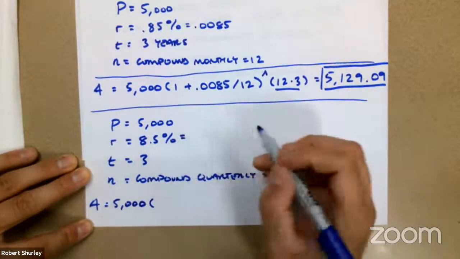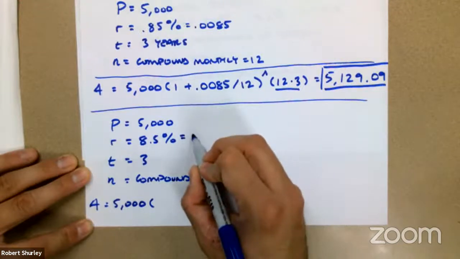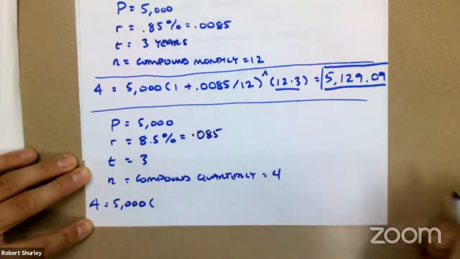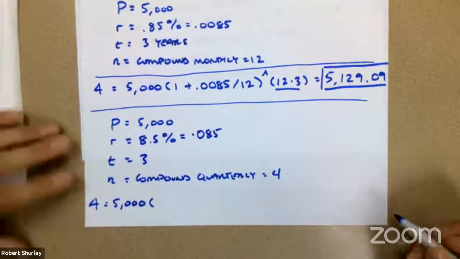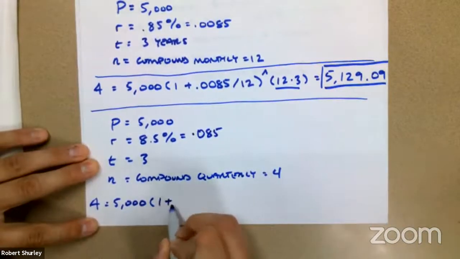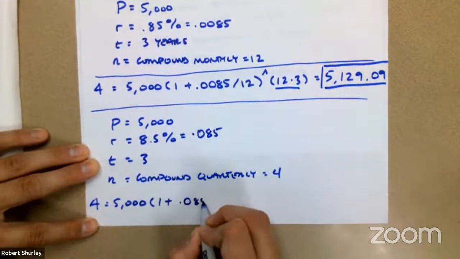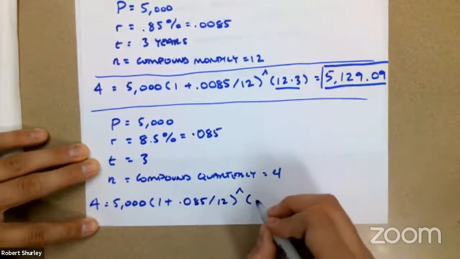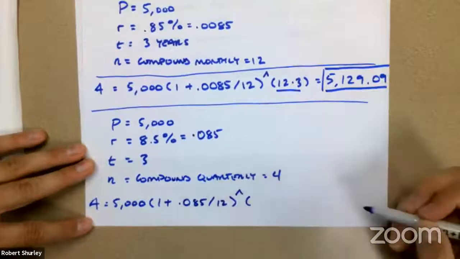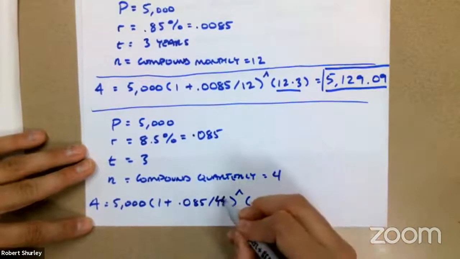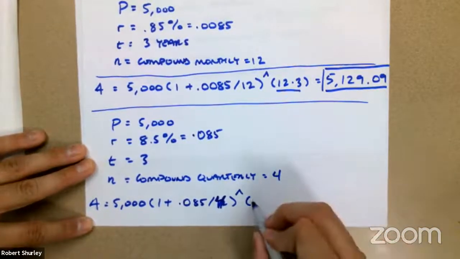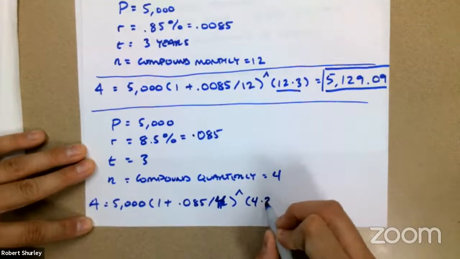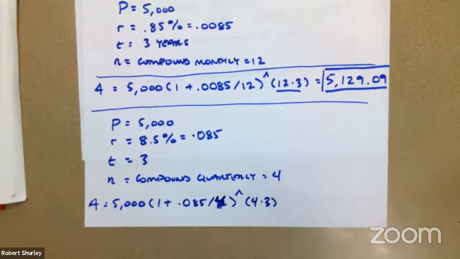Now remember, 8.5, that's going to be 0.085. So we get 1 plus 0.085 divided by 12 raised to the, oh, wait, that's not 12 though, is it? For this example, it's 4. Let's put 4 there. 4 times 3. Because n is 4, not 12. That was the last example.